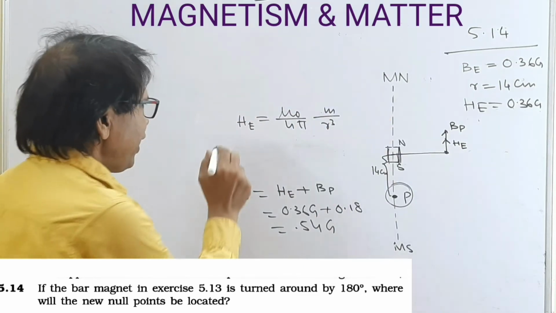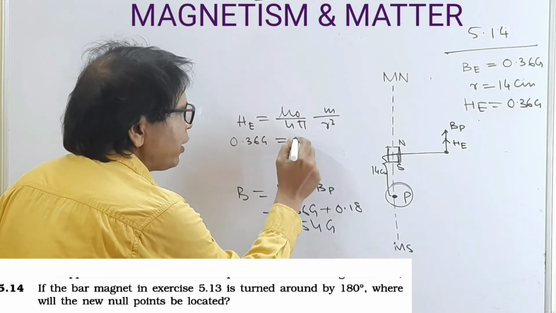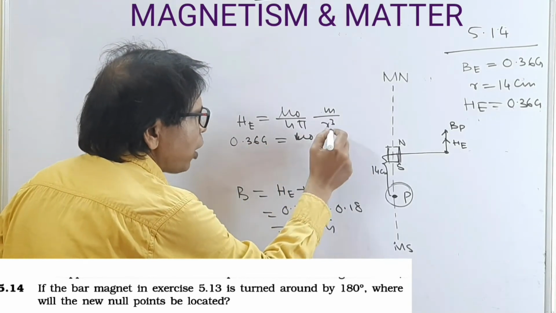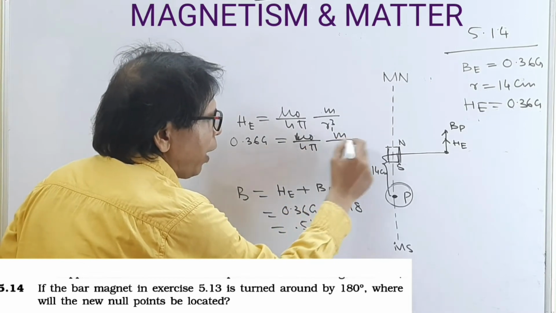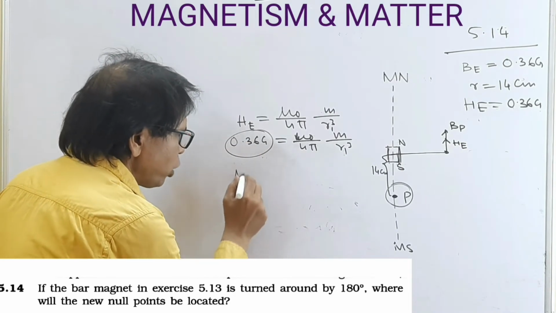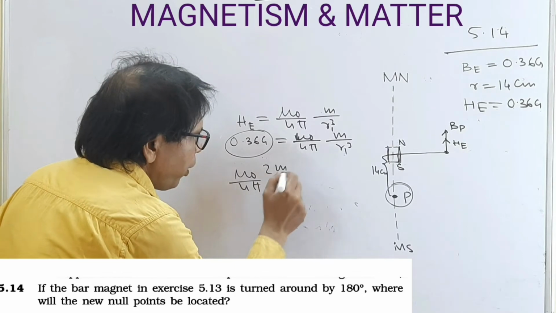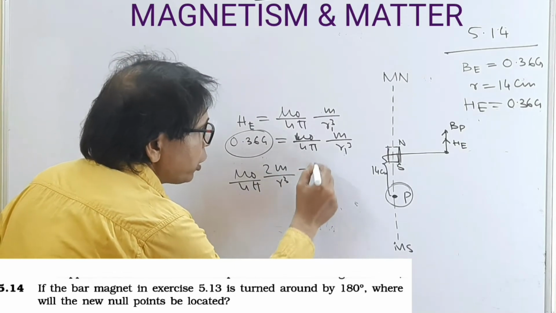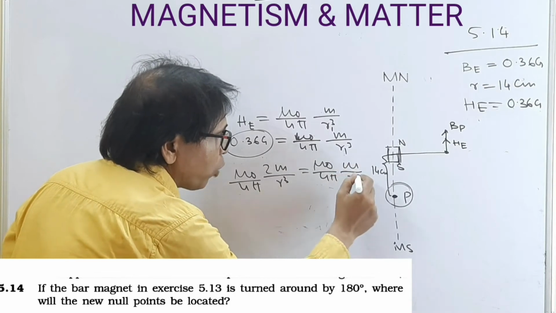Now H equals 0.36 Gauss, and suppose this is R1, mu naught by 4 pi times m by R1 cube. Now 0.36 equals mu naught by 4 pi times 2m by r cube, and this equals mu naught by 4 pi times m by r1 cube.